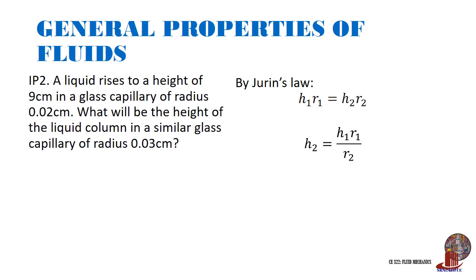If we are going to denote H2 as our required height of the liquid column, H1 times R1 all over R2 would be the following formula. So plugging in our values, 9 centimeters times 0.02 centimeters all over 0.03 centimeters would give us H2, or the height of that liquid column, as 6 centimeters.